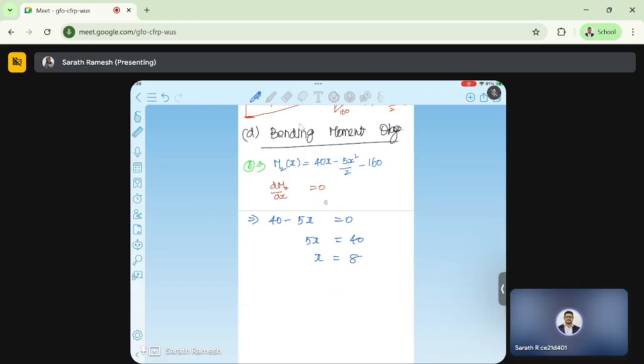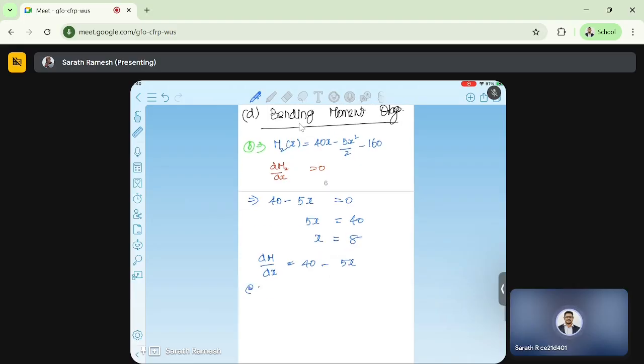By the way, here dM by dx is 40 minus 5x, so at x equal to 0, dM by dx is positive.